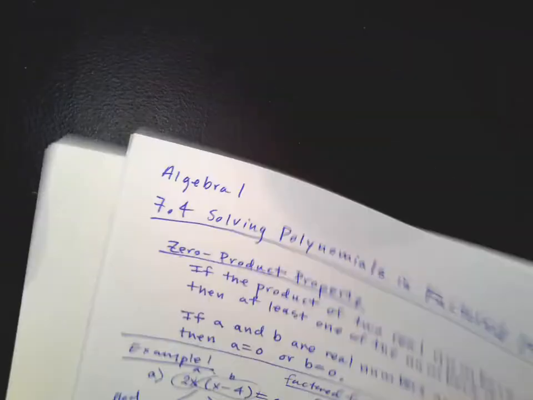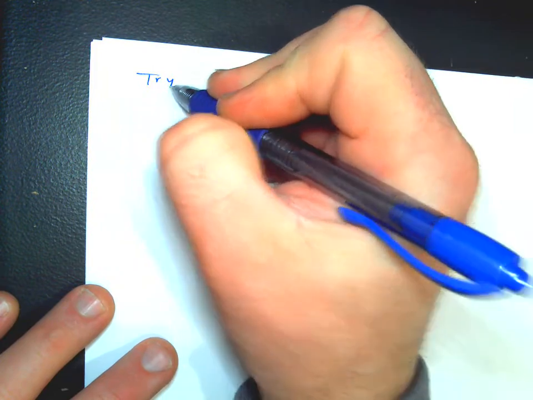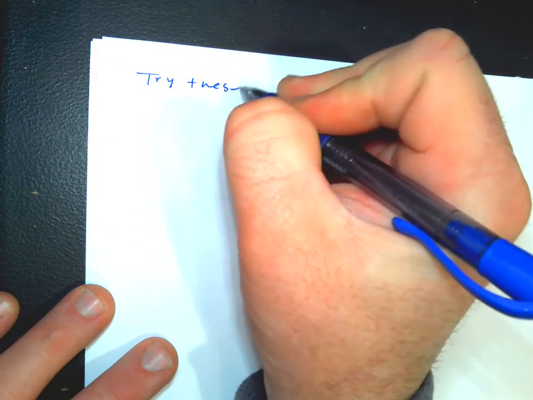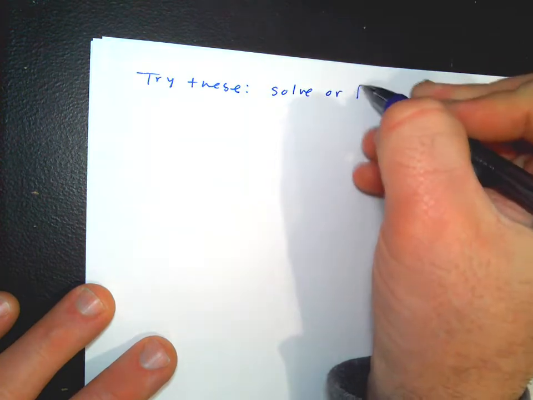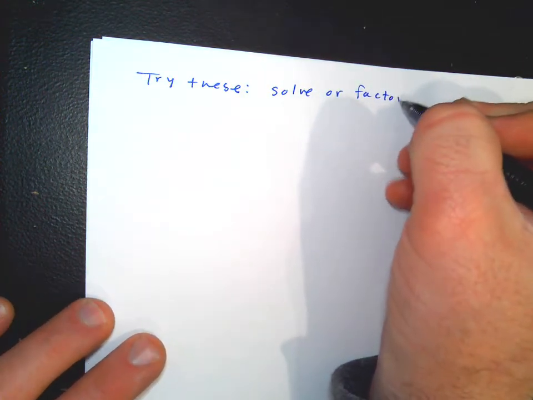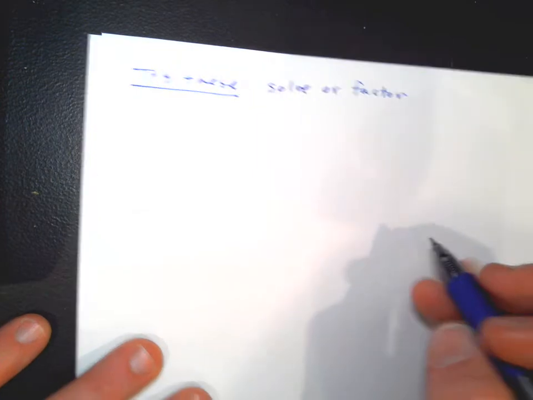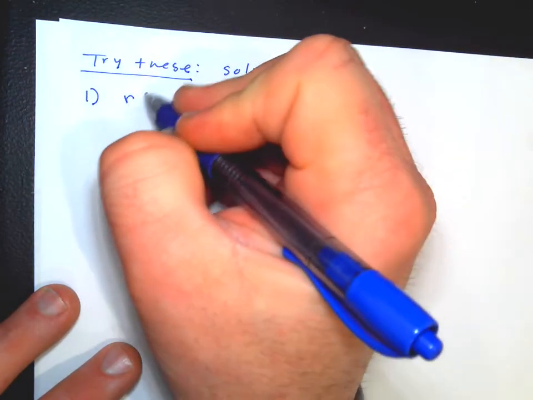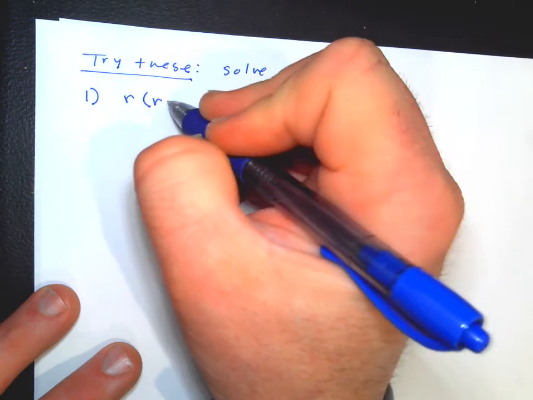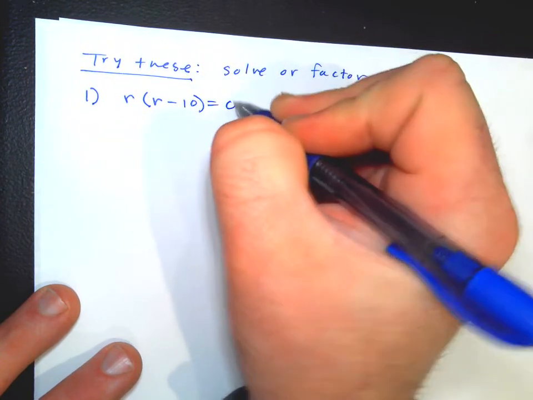I want you to try these. It's going to be a mix of different problems. So this is going to be solve or factor. You should recognize when it's appropriate to solve or not. Number one is going to be r. We're going to use other letters. R, parentheses, r minus 10 equals 0.